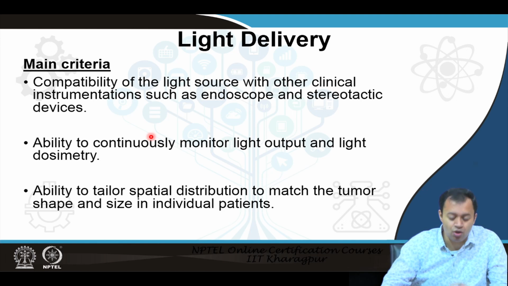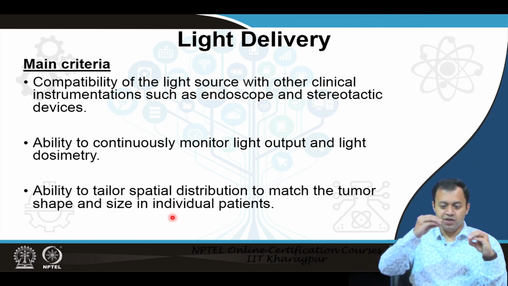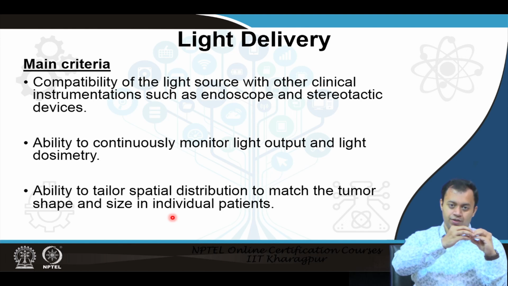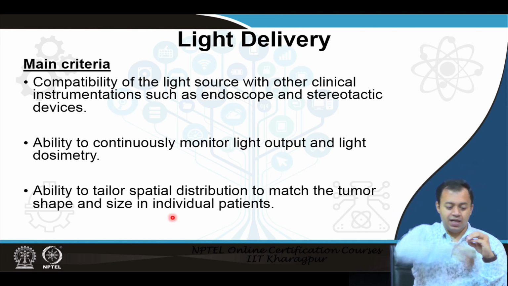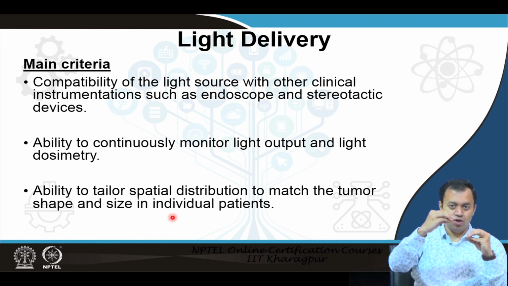Hopefully healthy cells are not being burned, and we need to tailor the spatial distribution to match the tumor shape and size. So, this is your tumor and this is your light. How much of it is getting destroyed? Is it just this part, or the entire region? So, you have drug here and you have drug all over this place, but say your light is only inducing this biochemical reaction here.